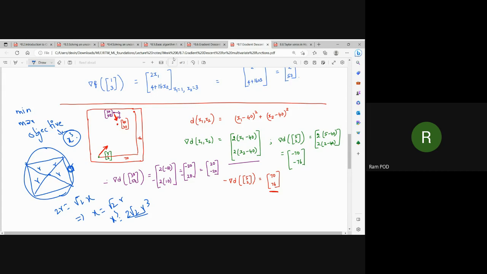To minimize or maximize it, generally we do the differentiation. In this particular case, the differentiation is not required because it's straightforward, but in some cases it might be required. Clear?